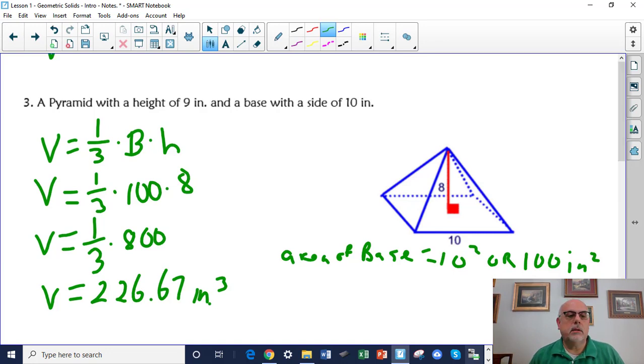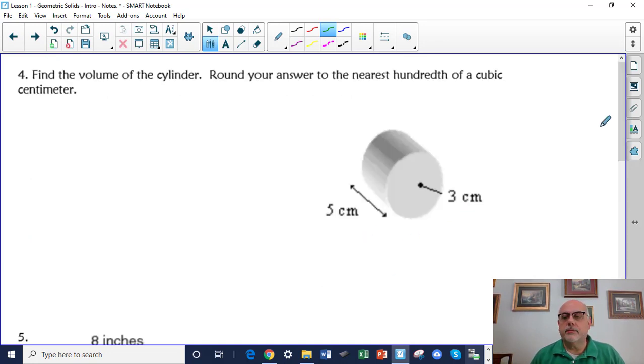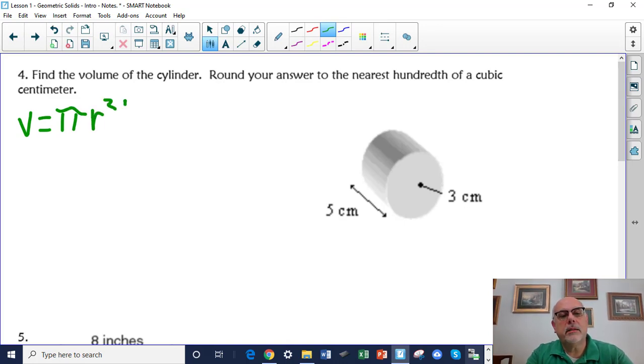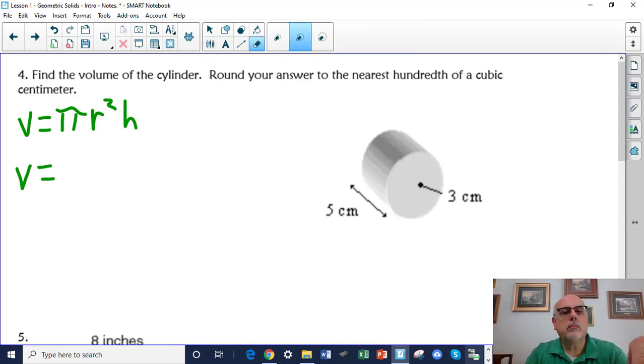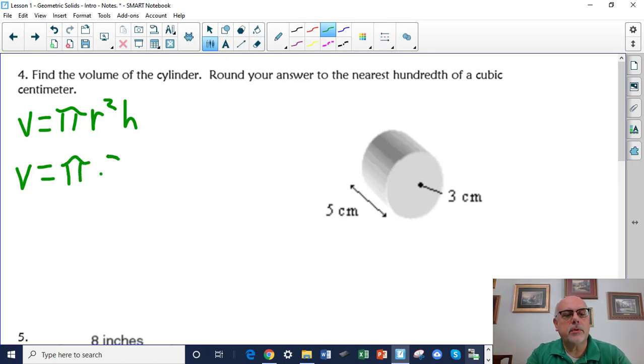All right. Last one. Oh, we have two left. Volume of the cylinder. Volume is the area of the circular base, pi r squared, times the height. Volume is pi times 3 squared times 5.